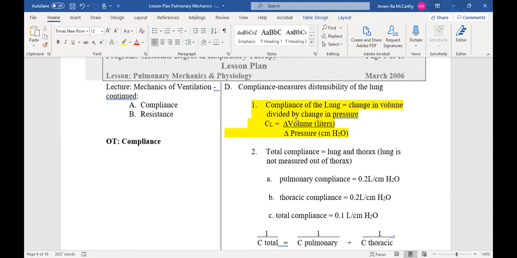Can you repeat that again? 60 to 100 milliliters per centimeter of water. That is the normal compliance, or just regular compliance.